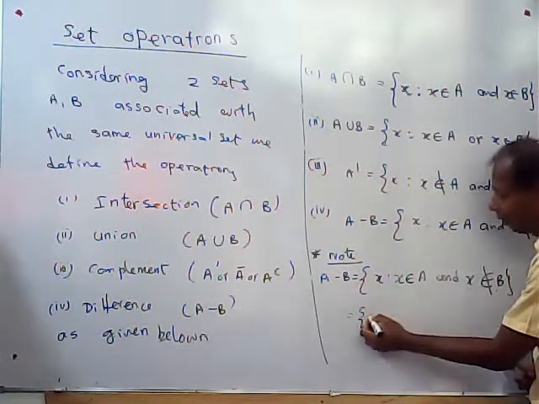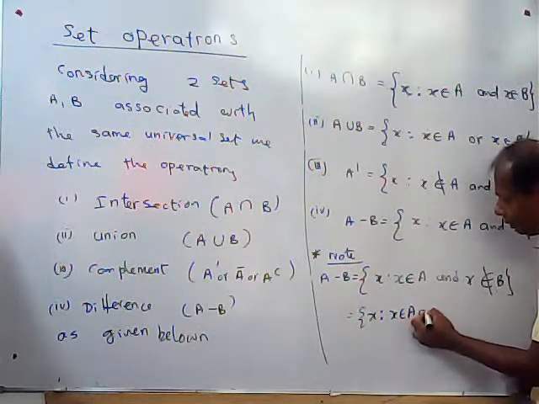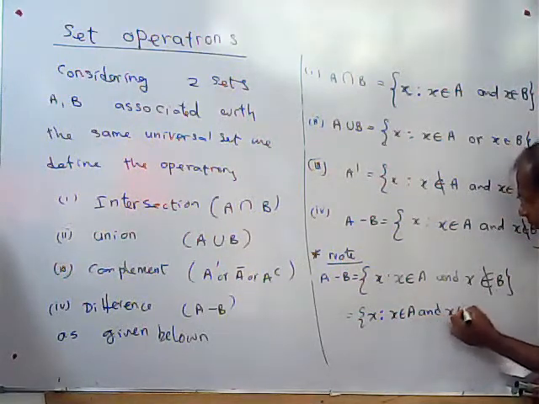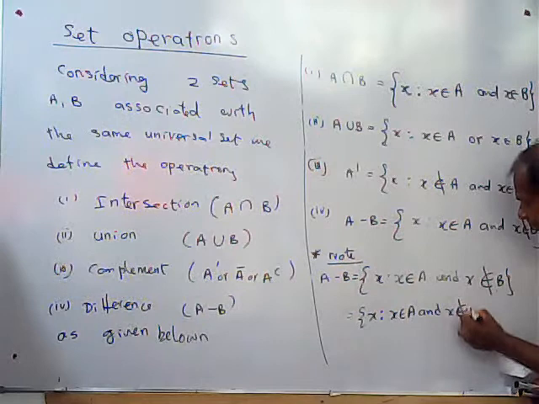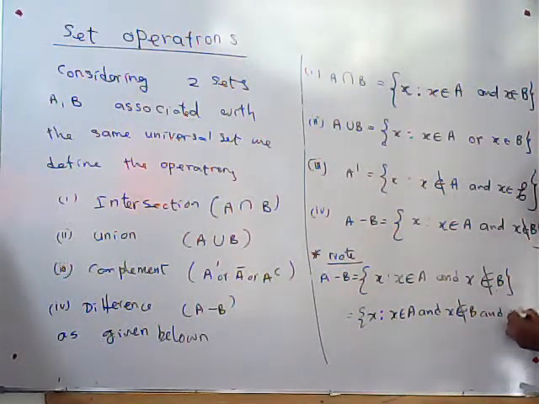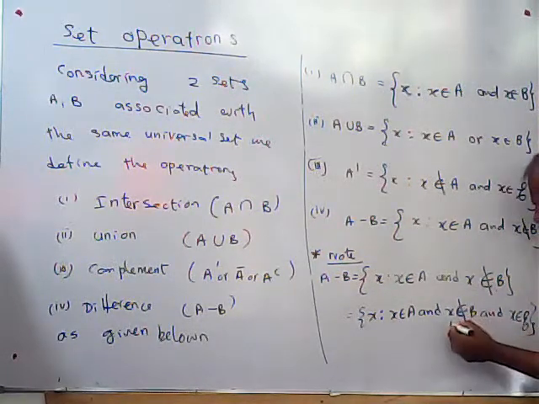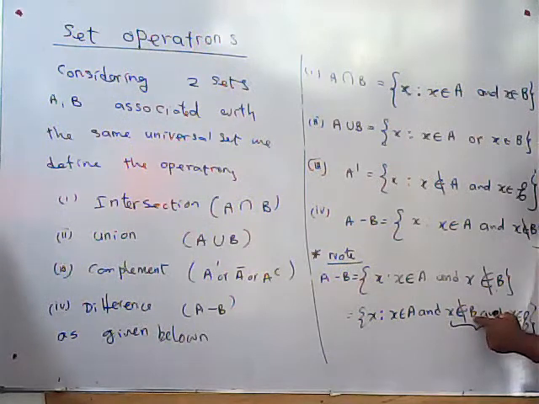So it doesn't change anything here. x belongs to A, and x does not belong to B, and at the same time x belongs to the universal set. Now you take these two separately: x does not belong to B, and x belongs to the universal set.